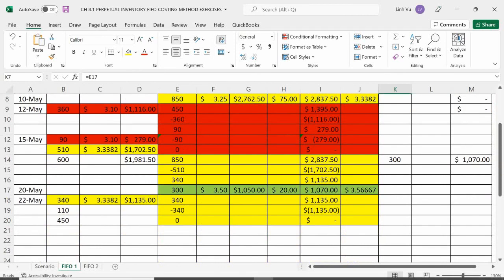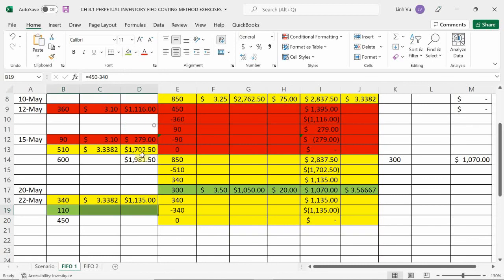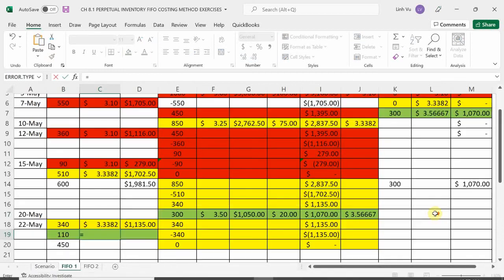Now I need to get rid of my green batch, right? In this case, I only need to sell 110 of those units from my green batch. 110. So in this case, what's my cost per item going to be for my green batch?